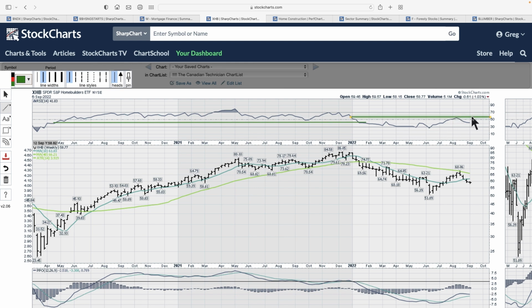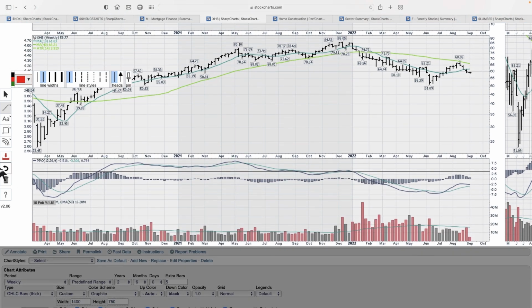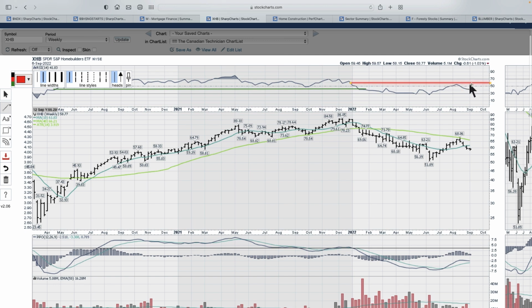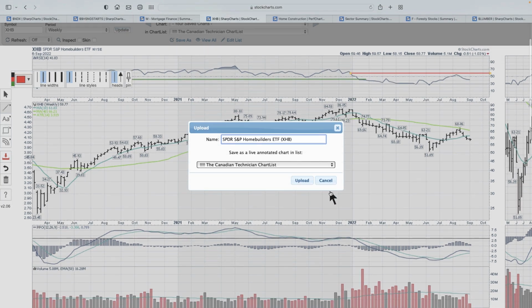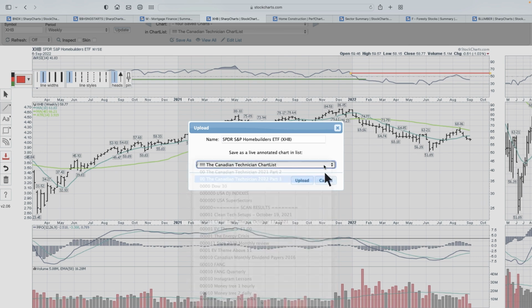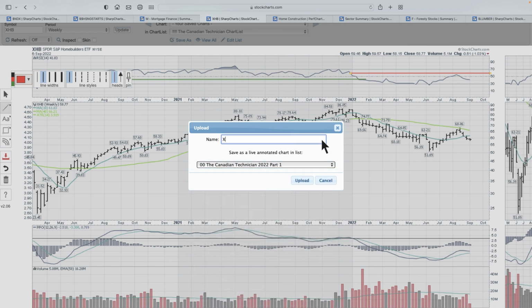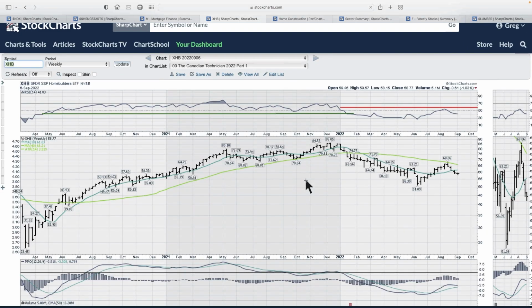We have trouble getting above 60 in a bear market, so we're going to make that red. And the idea being that you would oscillate above and below that. Now, when this starts to change trend and all of a sudden this goes back up to 70, that's telling us that we're probably back in bull market mode. So we'd want to stay aware of that change. And I'll just save that chart.